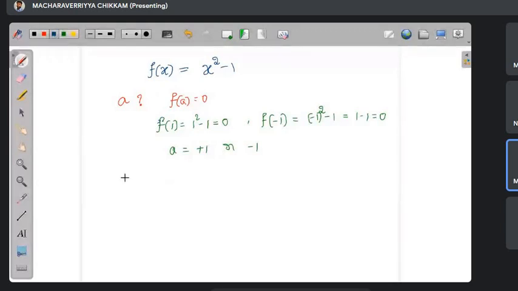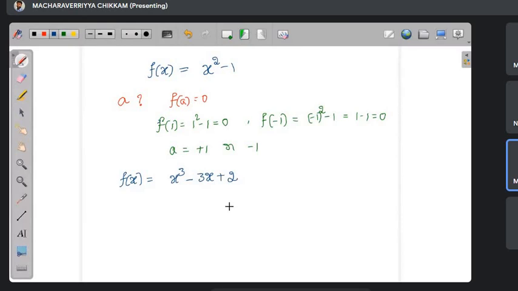Now let us pick up one more equation. It's like f of x equal to, maybe I'm going to take x cube minus 3x plus, let me take 2. If it is 2, it is so easy.